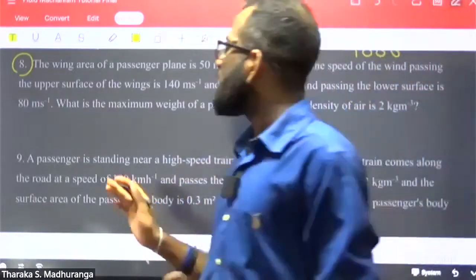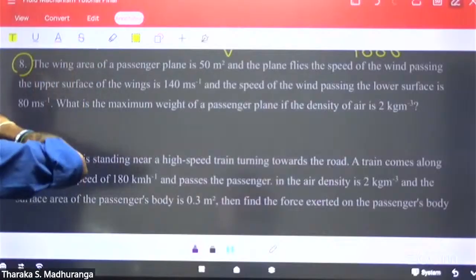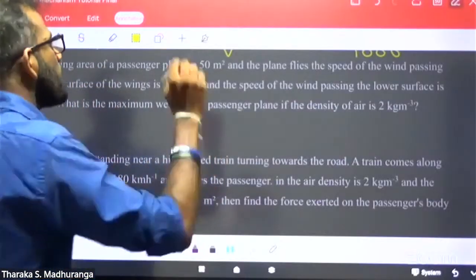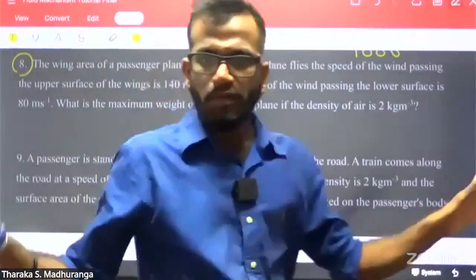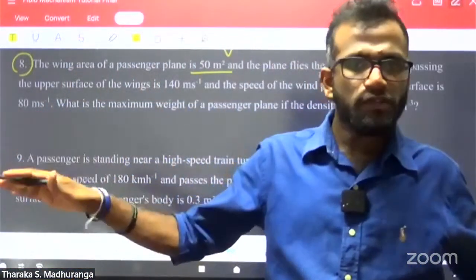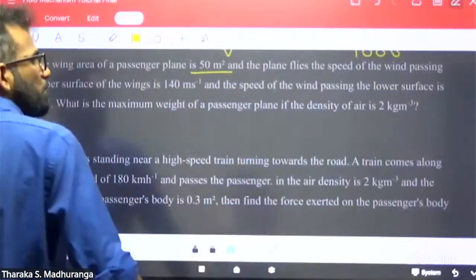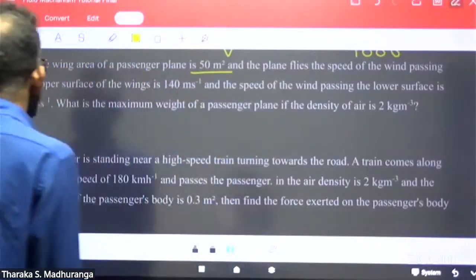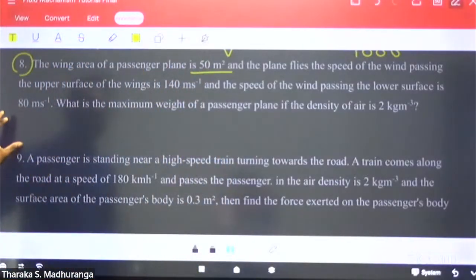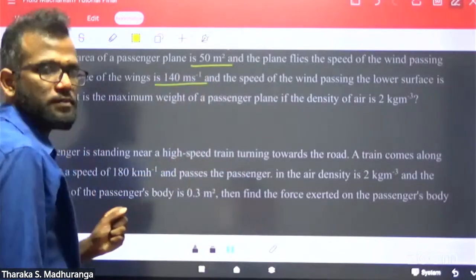The wing area of the passenger plane is 50 square centimeter. Think the wing area means the both side area. The plane flies, the speed of the wind passing the upper surface of the wing is 140 meters per second.